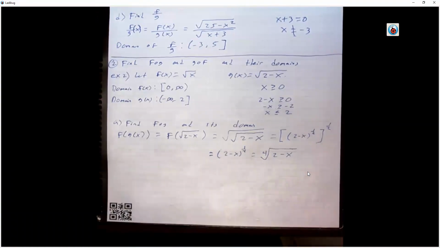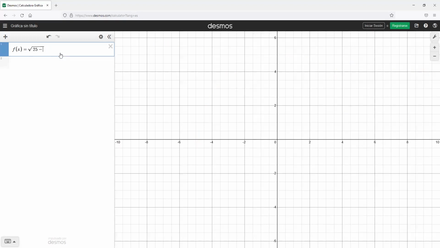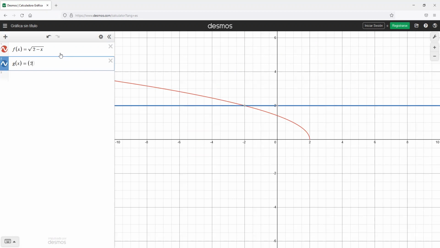Now, if you graph both, let's say you're like, you know what, I don't see it. What are you talking about? First one was 2 minus x, right? We said everything below 2 was fine. So that was the domain. I'm going to use 1/4 power just because it's a little easier to type.